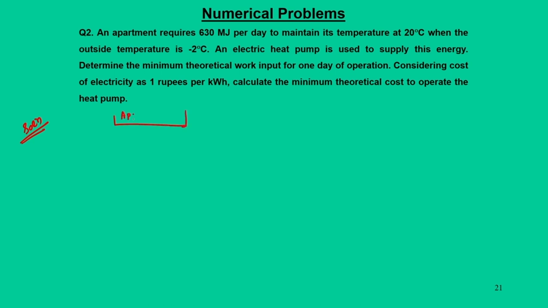So, we have an apartment which requires heat to be delivered, QH, and this is 630 megajoule per day, and this temperature is to be maintained at 20 degrees centigrade, that is 293 Kelvin, and this heat needs to be supplied by a heat pump which requires work input, and to do that it must take heat from surroundings.